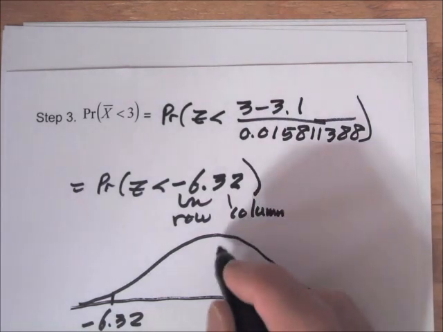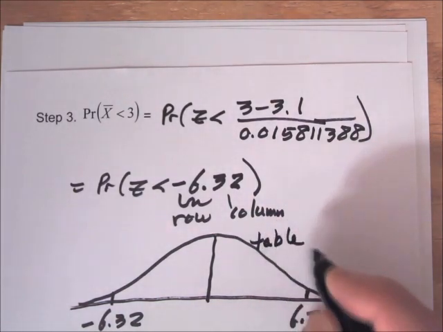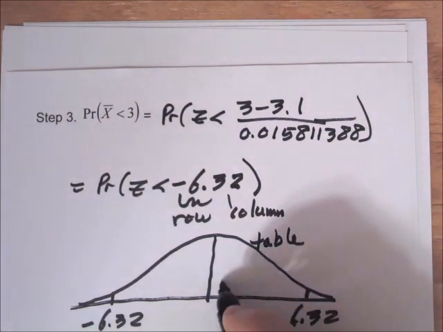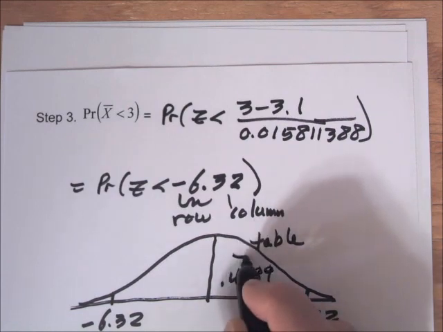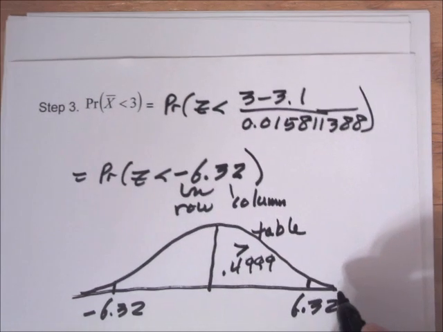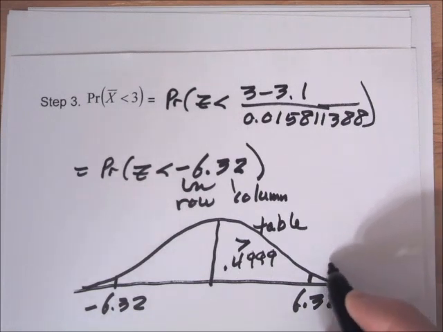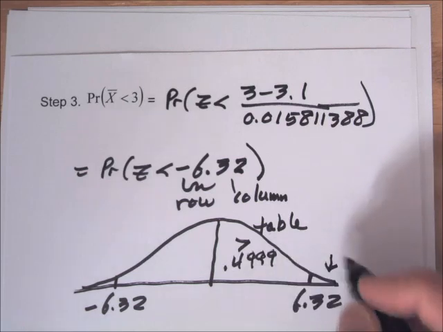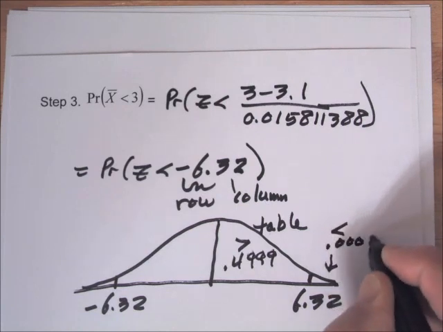So our table here gives a probability of 0.4999, or it's more than 0.49999. And so this piece here, 0.5 minus 0.49999, is going to be less than 0.0001.